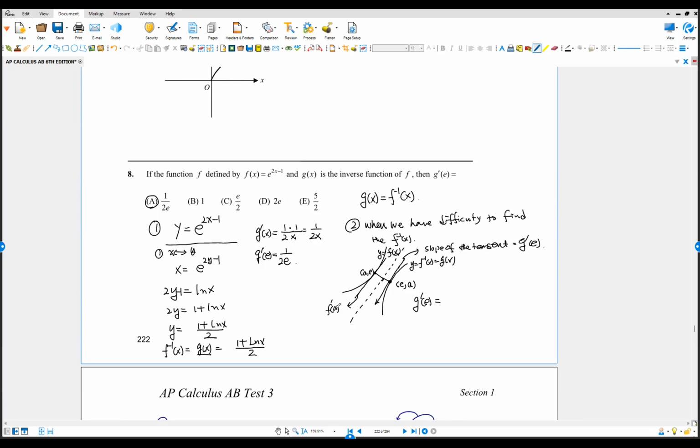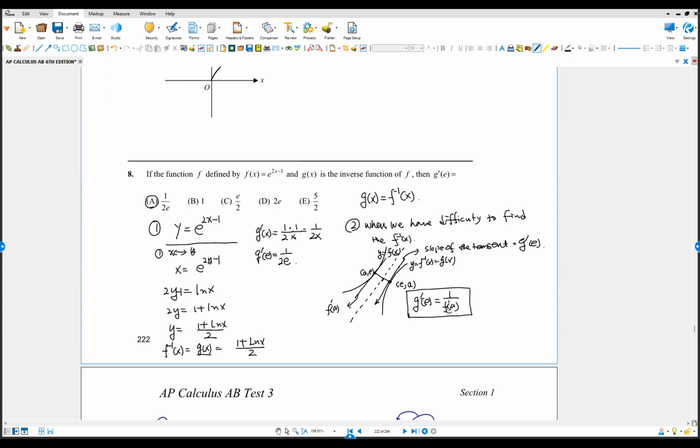So on the same corresponding point, each slope of tangent is g prime e, the other one is f prime a. The relationship is that g prime e is always the reciprocal of f prime a. That's the formula, isn't it?